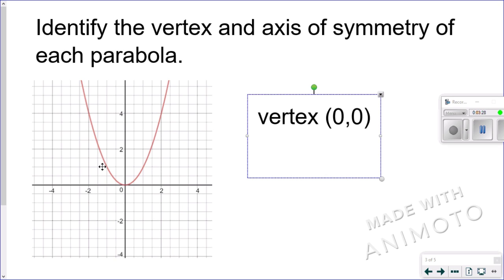Well, we've already talked about how this vertex, the turning point, is kind of the midpoint. It's the half point. So the axis of symmetry is a vertical line going through your vertex. And because all vertical lines are created by x equals, at that point it is 0. So x equals 0 is our axis of symmetry there.